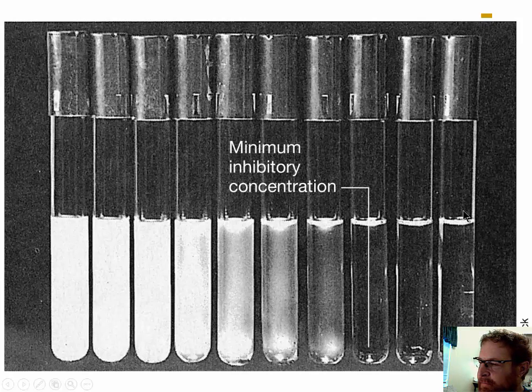Okay, so the point where you get no cells to survive is the minimum inhibitory concentration, or the least amount of that compound that we get absolutely no growth. Okay, here you can see a little bit of growth in this tube, so that's not the minimum inhibitory concentration, but the point where we see no growth, so no cloudiness in the test tube, is minimum inhibitory concentration.